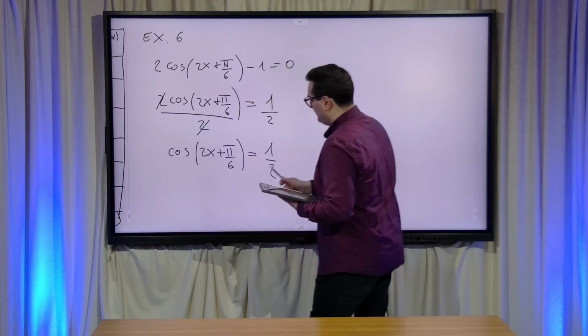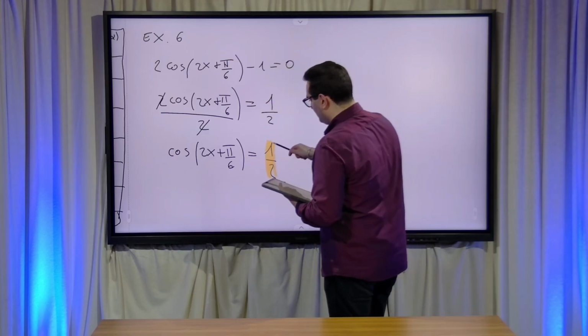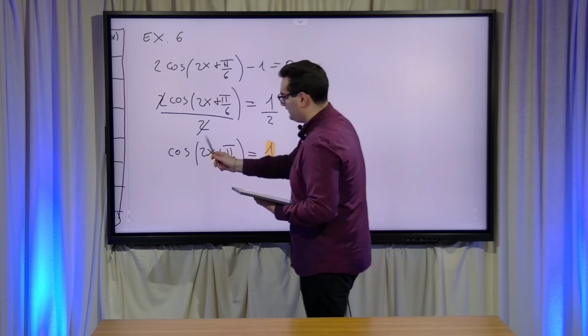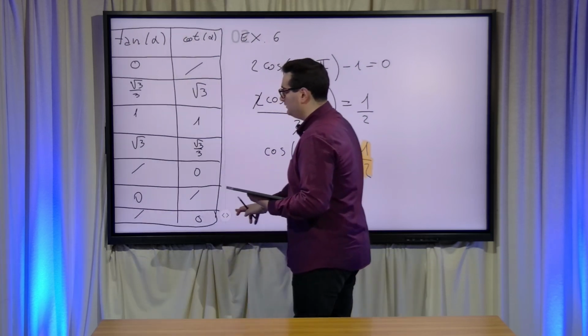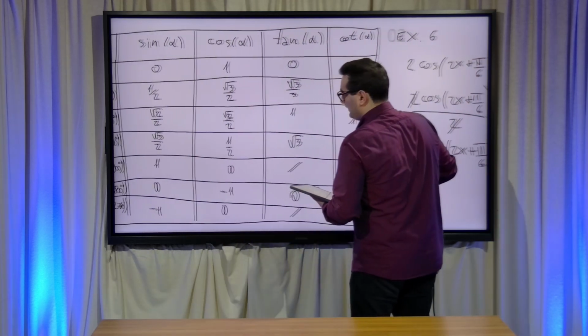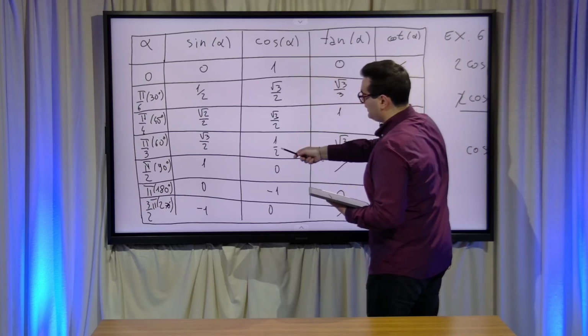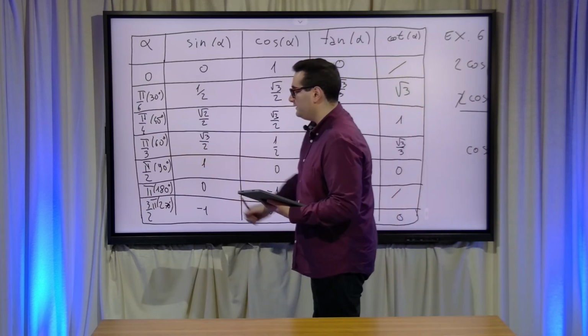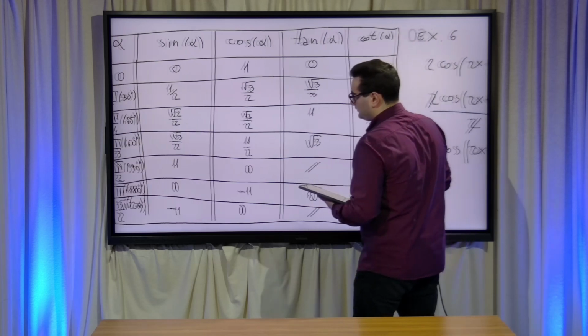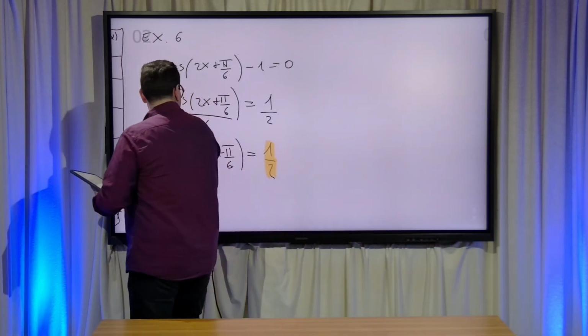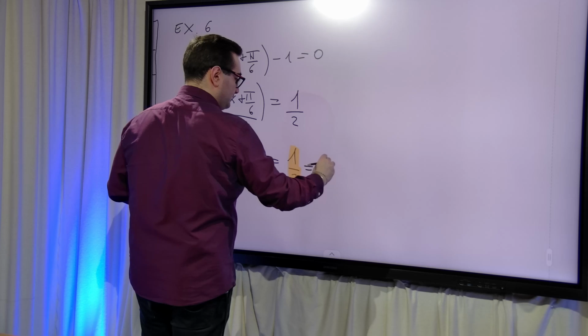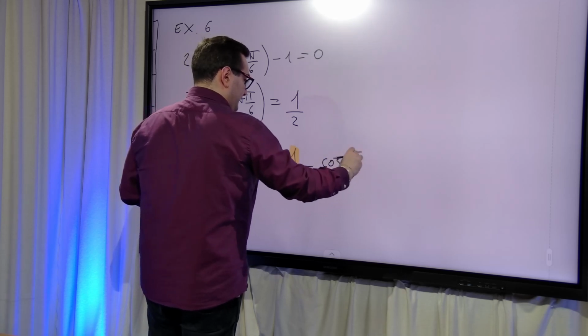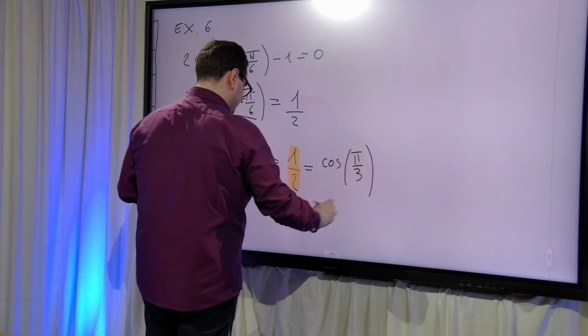As before, I'm going to look in the table when the cosine is 1/2. So I can see here the cosine is 1/2 when the angle is 60 degrees, so pi over 3. And I'm going to write it here, so cosine of pi over 3.